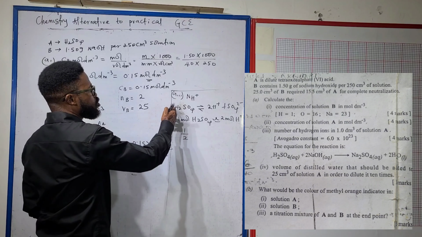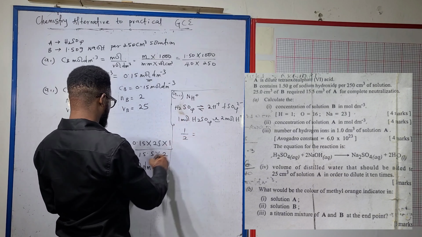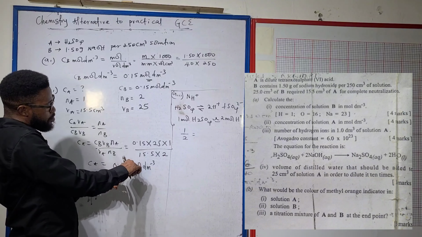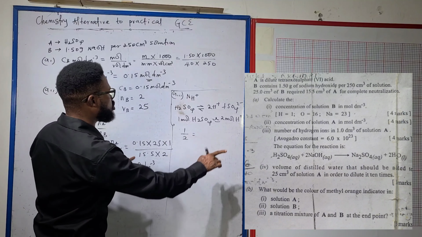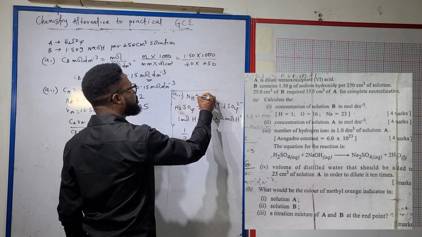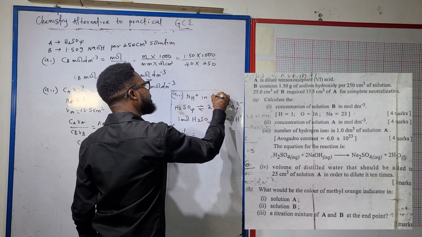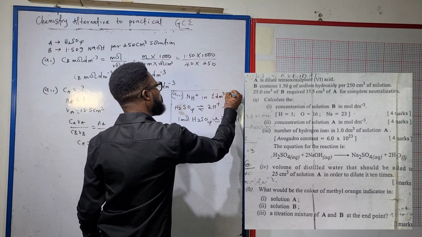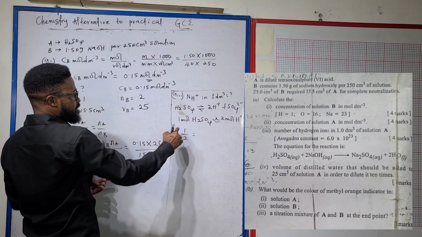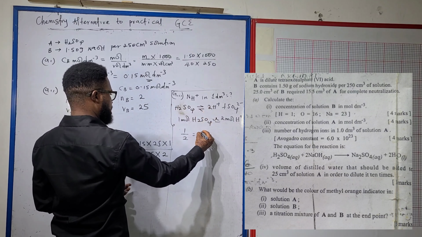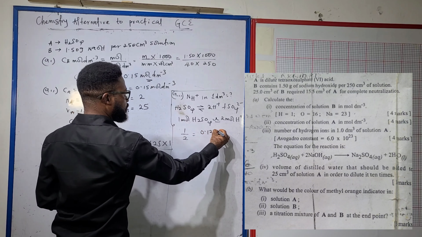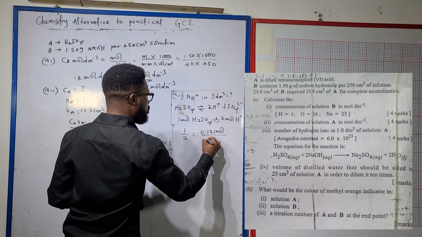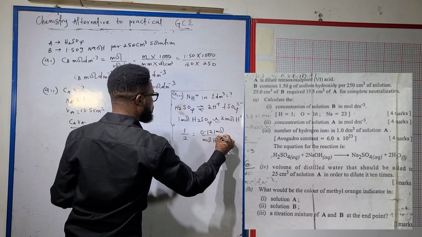So if I'm saying 1 to 2, that of course 0.121 mole per dm cube means 0.121 mole in 1 dm cube, and I'm looking for the number of hydrogen ions in 1 dm cube as well. So that means 1 to 2 is same as saying 0.121 mole divided by the mole of the hydrogen ion.